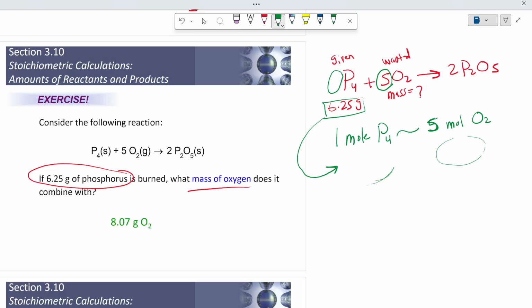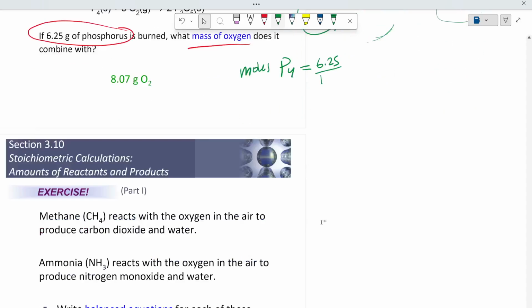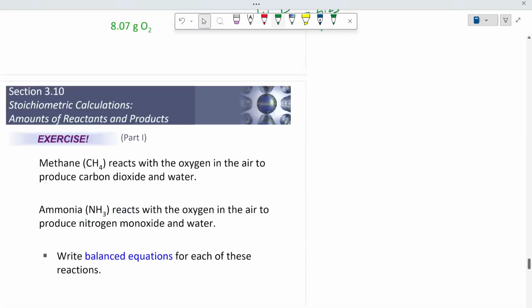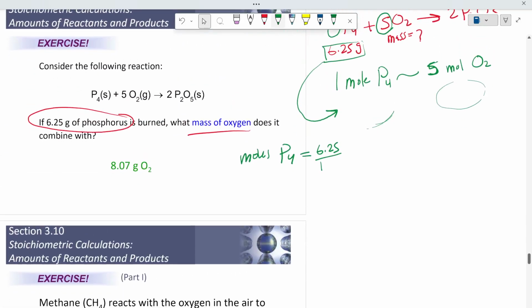We already studied two formulas to determine moles. One of them, moles equals mass over molar mass. So here to determine moles of P4, you should divide the mass, which is 6.25, over the molar mass of P4. I think it's 124. Yes, it's 124.